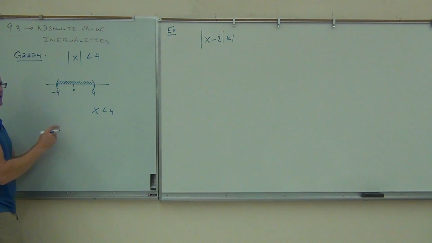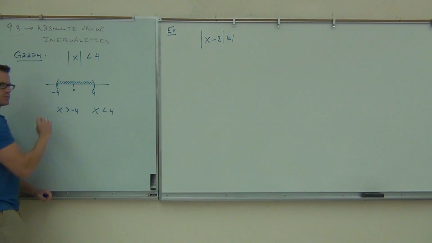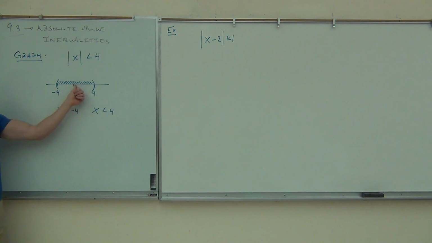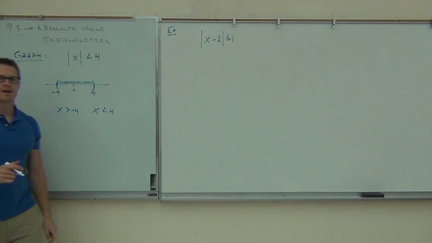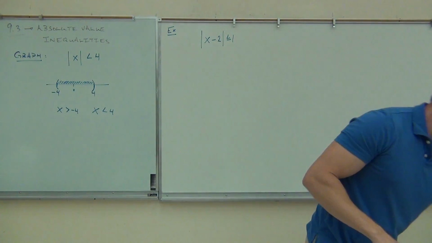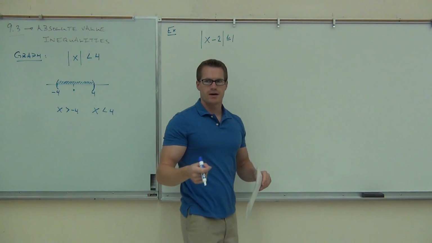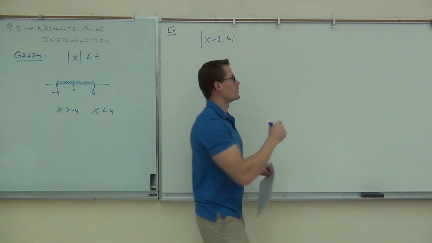X had to be greater than -4. X had to be less than positive 4. X had to be greater than -4. We actually make up 2 inequalities. So when we do this absolute value inequality stuff, it is an absolute value, so we will have 2 inequalities.